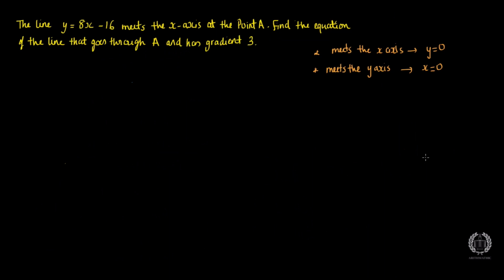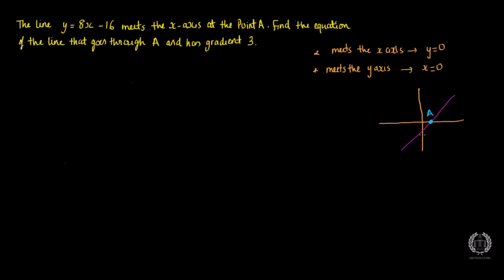Now how does that work? What do I mean by this? I'll show you visually. Say I have a line here, and for example I just draw a straight line this way. You can see there are two points where this line intersects the axes.